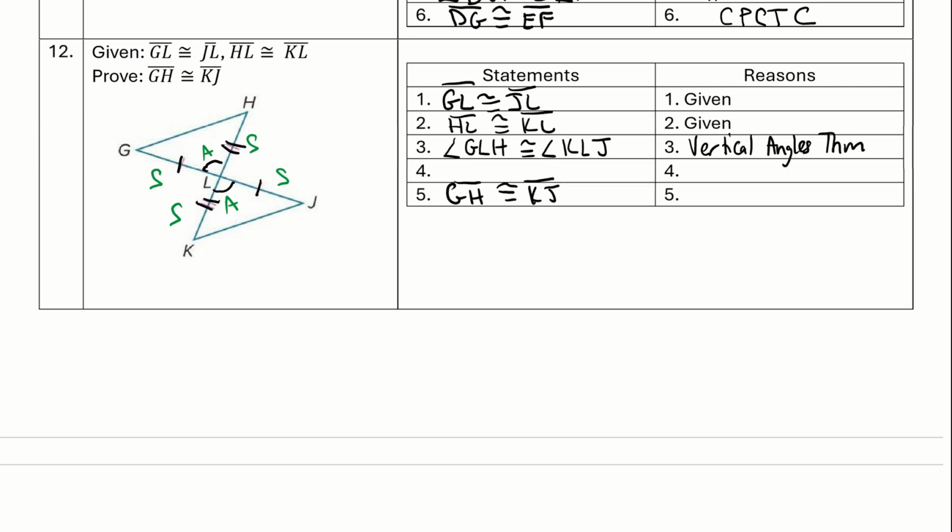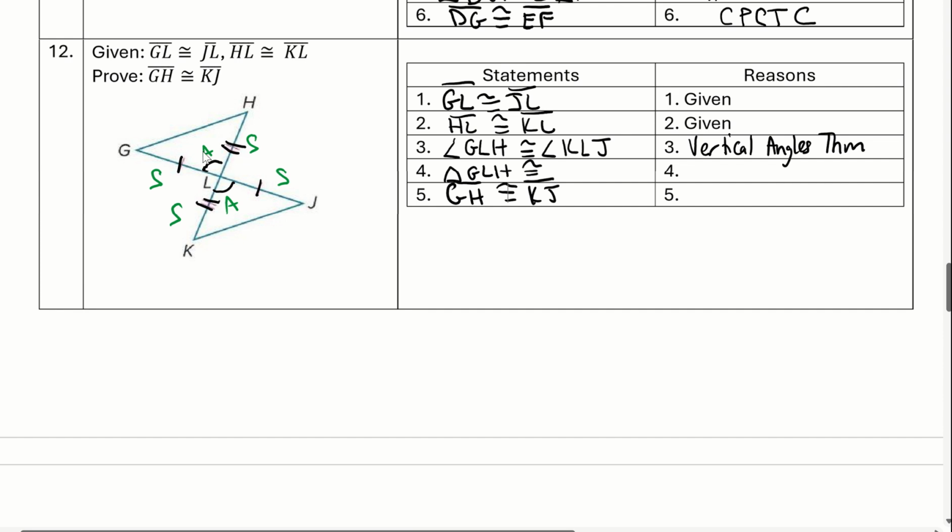All right, and then we can go to the next one. We can say that they're congruent by side angle side. So now we can say, okay, triangle GLH is congruent to triangle... Now remember, no marks. So actually we're going from G to L, which is 1 mark here, and then from L to H, which is 2 marks.